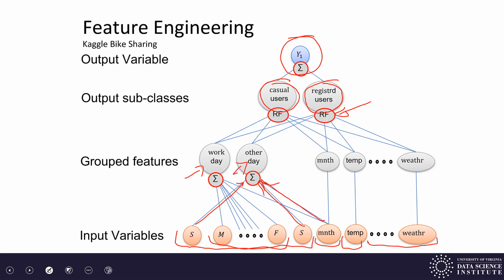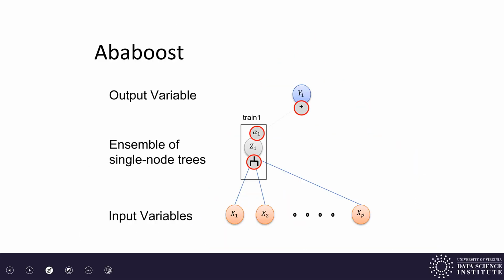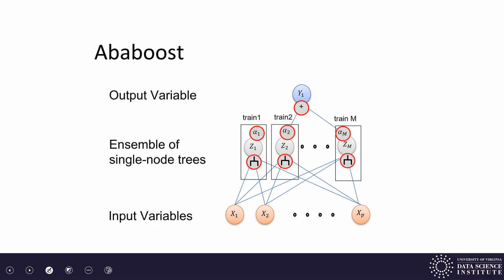So feature engineering can be thought of as something similar to the structure of a neural network. There's AdaBoost, where you train a single node tree, and then you train another one, and you train a sequence of these. If you think of this structure, it's similar to neural networks, where you're taking your feature variables and using those to compute a second layer of outputs, and then they get summed to get your output variable.